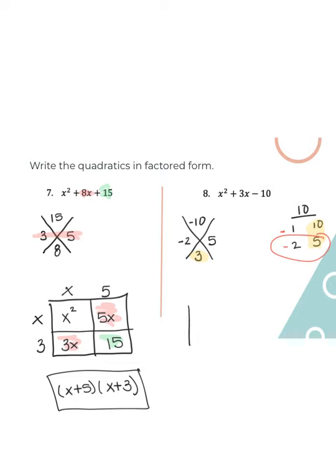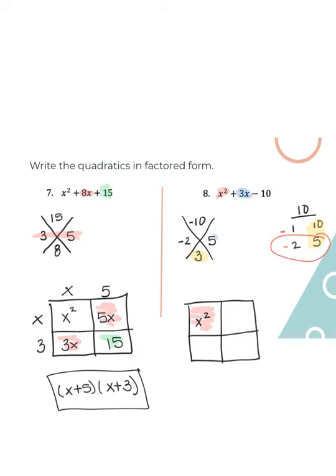Okay, now I'm going to draw my box. Okay, my a value is going to go in that first box. So this a value is going to go right here. So I'm going to say x squared. And then remember my b values I'm replacing.